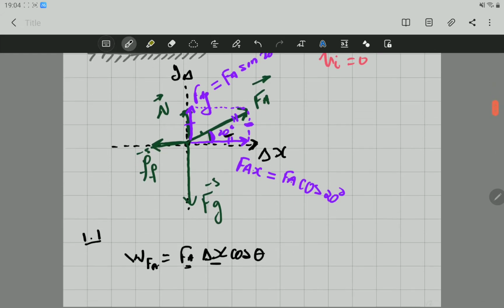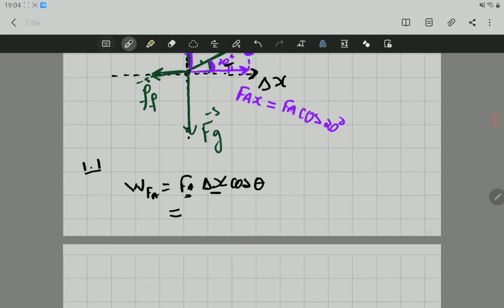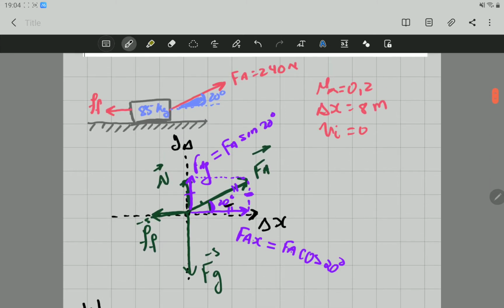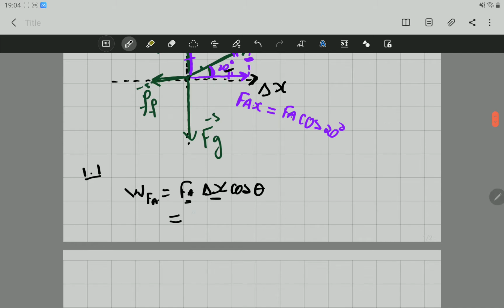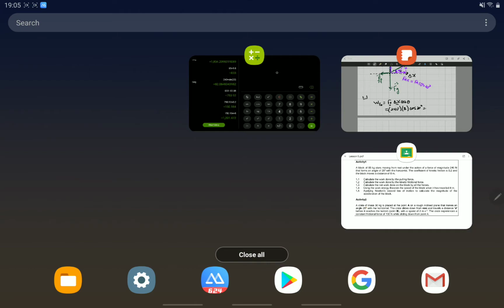Okay, so all we have to do is substitute because everything is given to us. The applied force is equal to 240, there is the data. So it's the product of 240 multiplied by the displacement, which is 8, multiplied by the cosine of 20 degrees. Okay, so let's go to our calculator here so you can see the product.